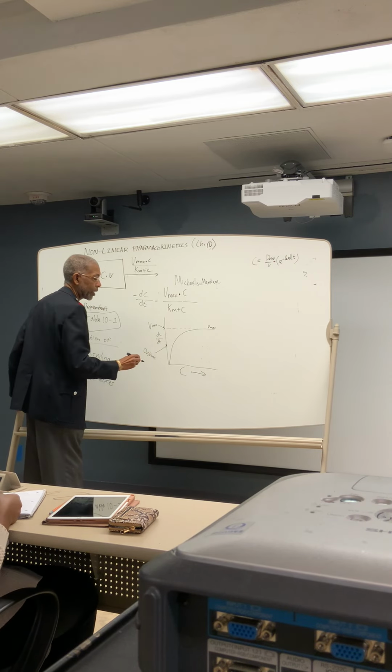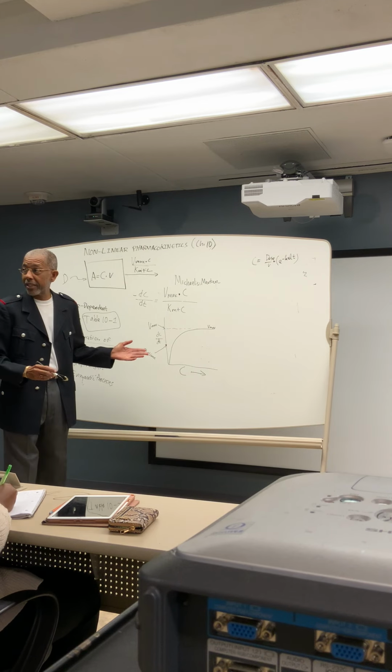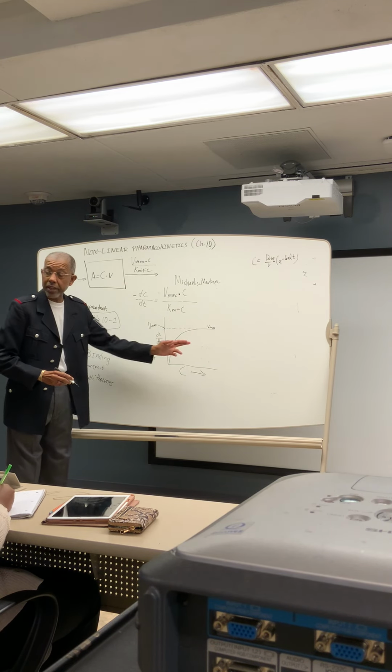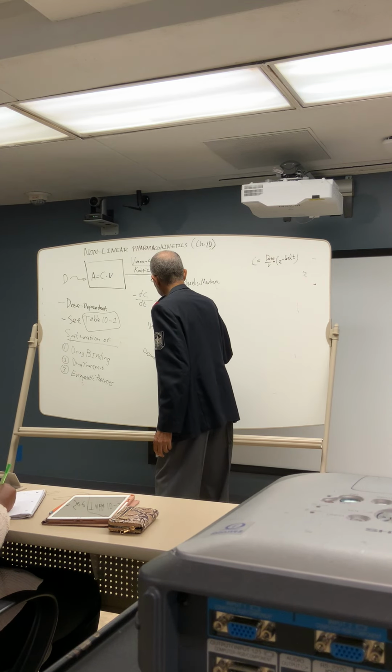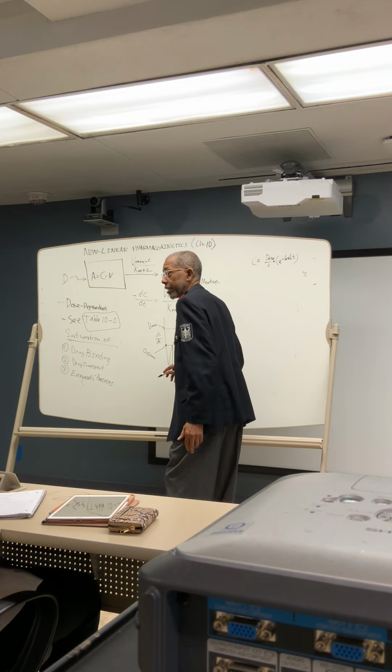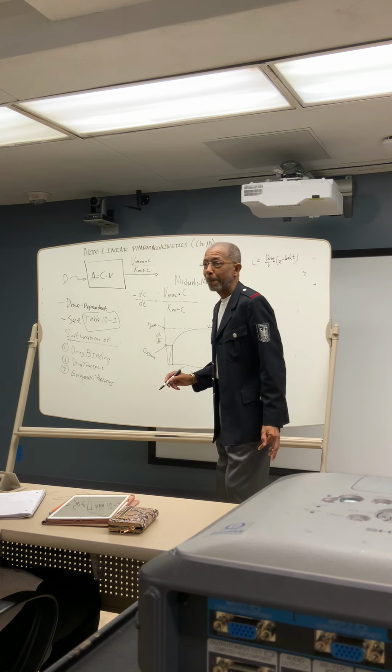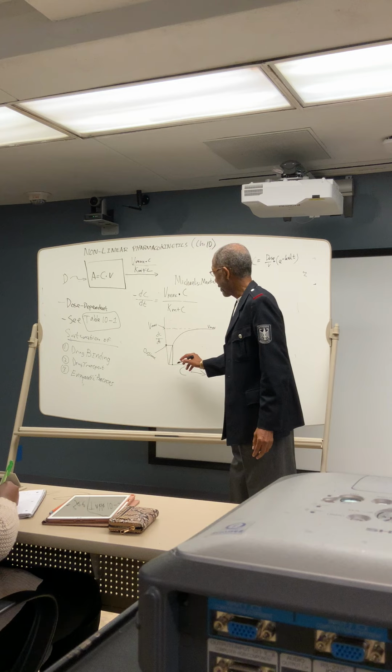Then if I go over to here, and I drop a vertical straight down, what's that value on the x-axis right there? See how good your memory is. On the x-axis. What's that?